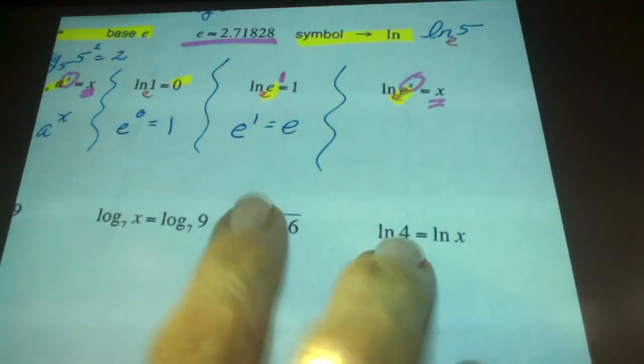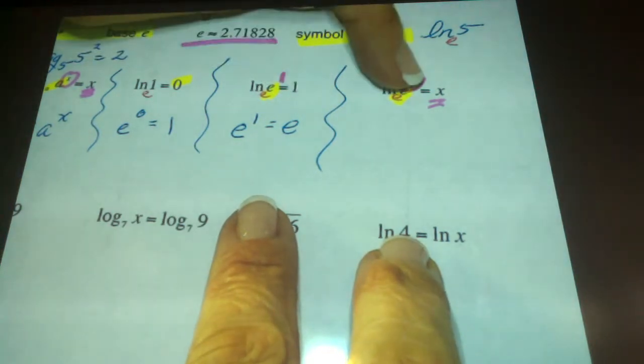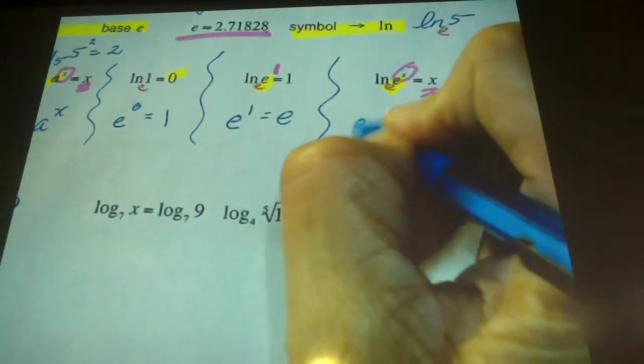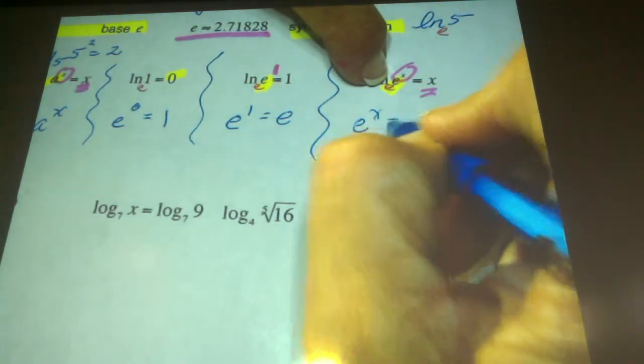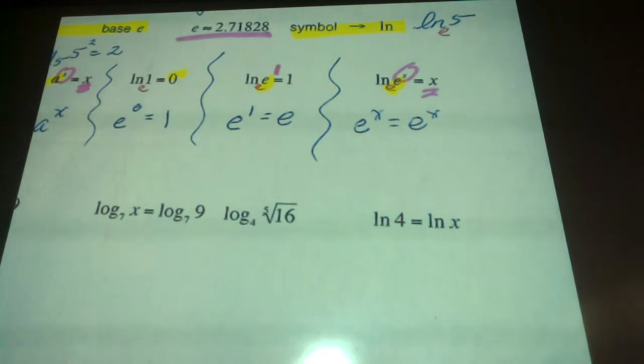Same reason over here, that e has an exponent of 1, so the answer is 1. This has an exponent of x, the answer is x. So again, taking it out of log, my base is e, the x becomes the exponent, and the e to the x goes to the other side. So I get a congruency.